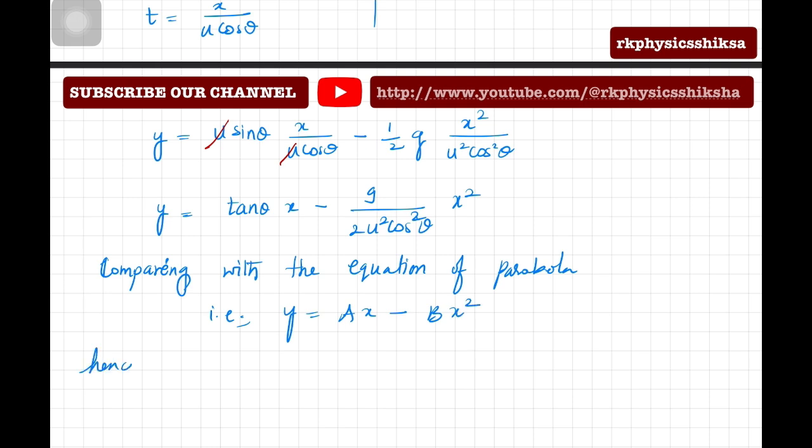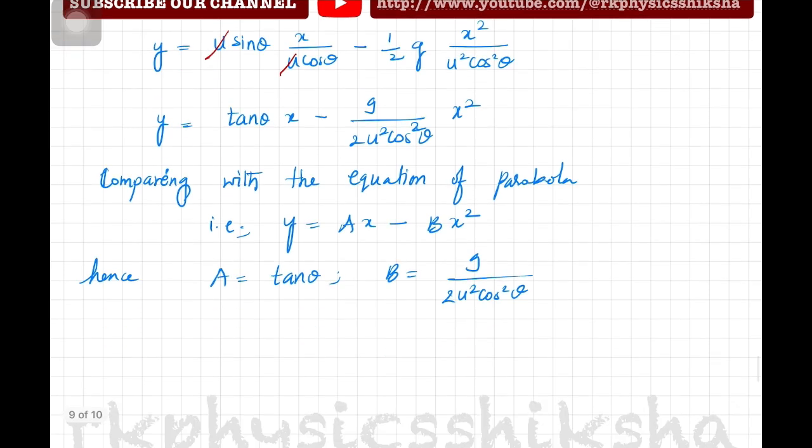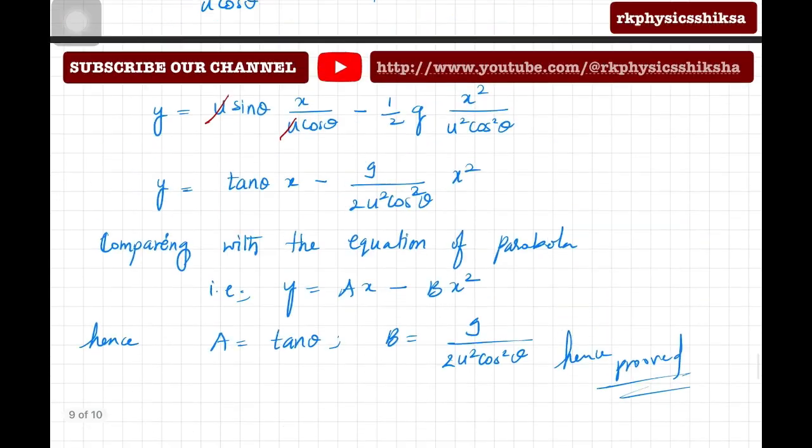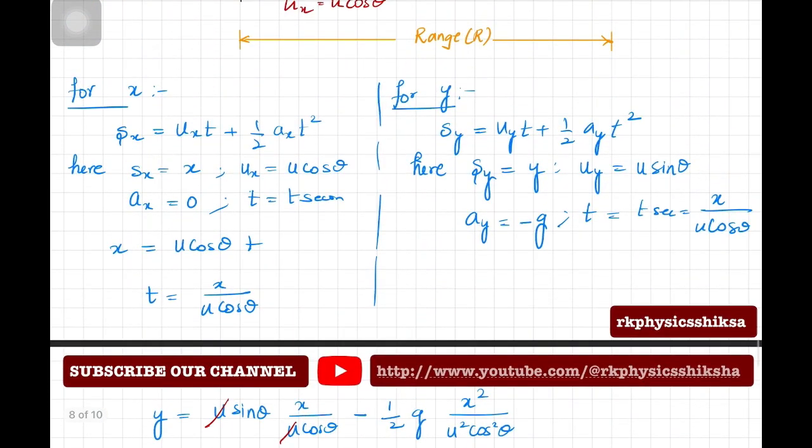Hence I get a is equal to tan theta, and b is equal to g by 2u square cos square theta. So it is very clear that the path of the projectile, or the trajectory of the projectile, is a parabola, which is proved.